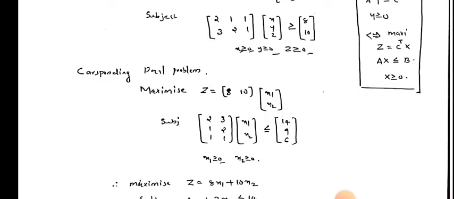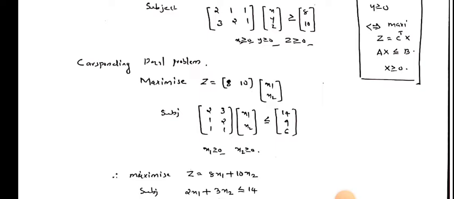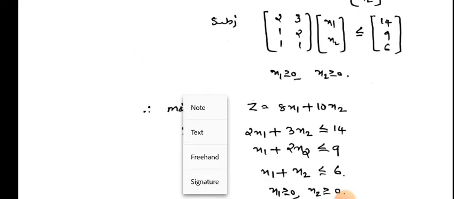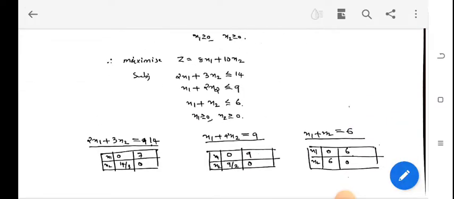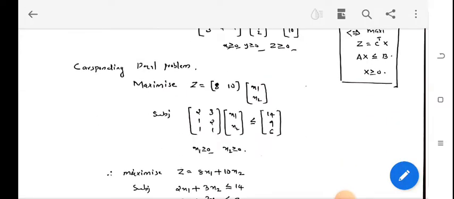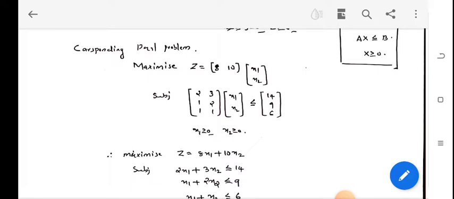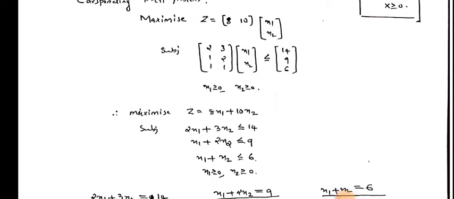subject to the constraint A transpose, that is the matrix 2, 1, 1, 3, 2, 1, times the column matrix x1, x2, less than or equal to the column matrix 14, 9, 6, with x1 greater than or equal to 0 and x2 greater than or equal to 0.